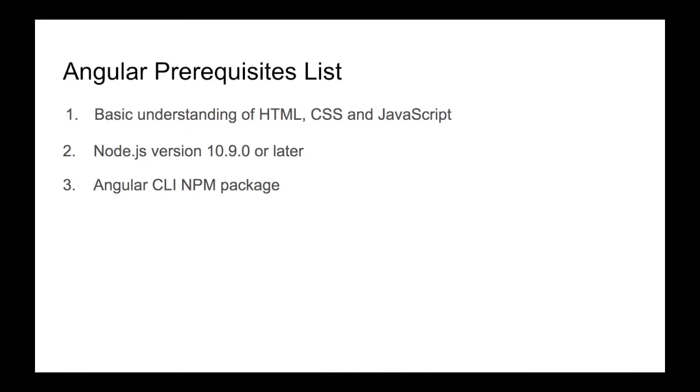When we talk about Angular, it's a framework. It provides a certain bit of coding on its own, so you can focus on your business logic. Right, so for that, the Angular CLI is what you need.